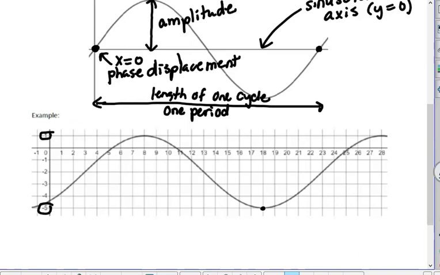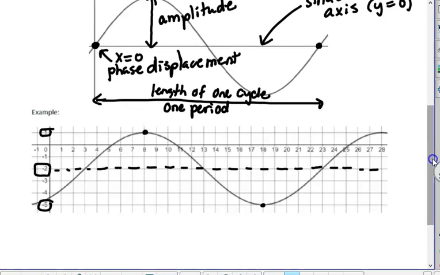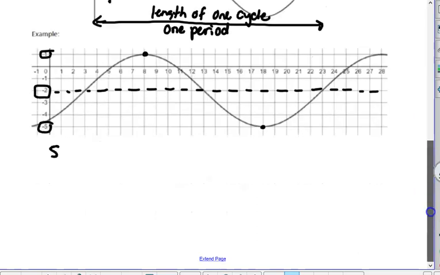So here's a high point and a low point. So halfway between the high point and the low point would be where the sinusoidal axis is. So the sinusoidal axis here is y equals -2.